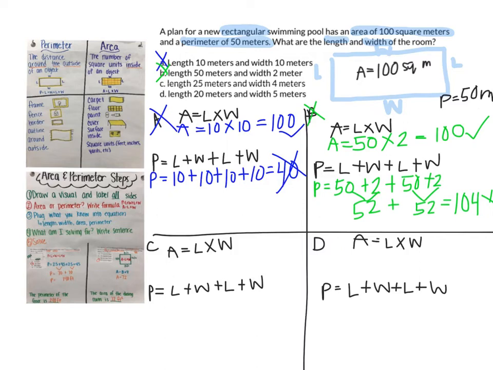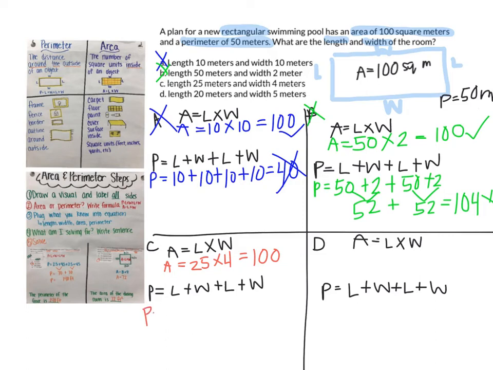Answer choice C gives me a length of 25 meters and a width of 4 meters. So we're going to plug that into our formulas. Area equals 25 times 4. 25 times 4 is 100 square meters. Now moving on to perimeter.